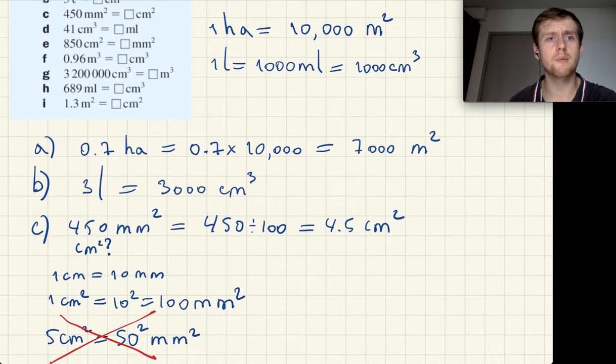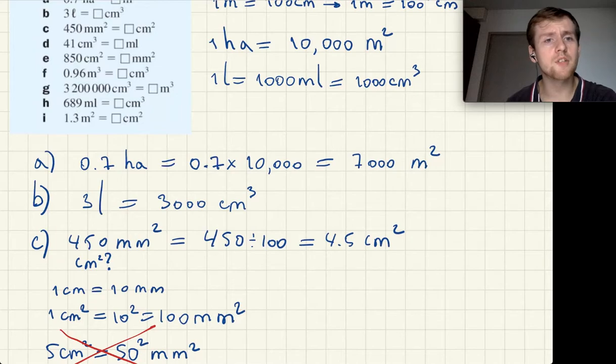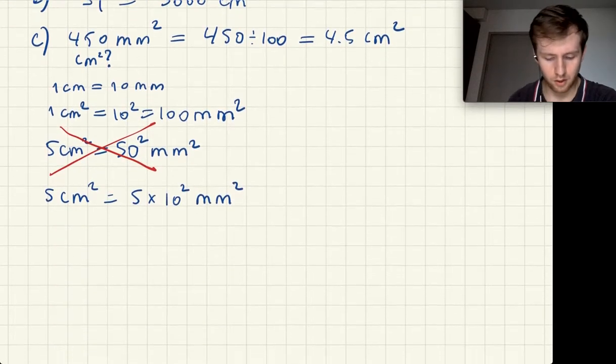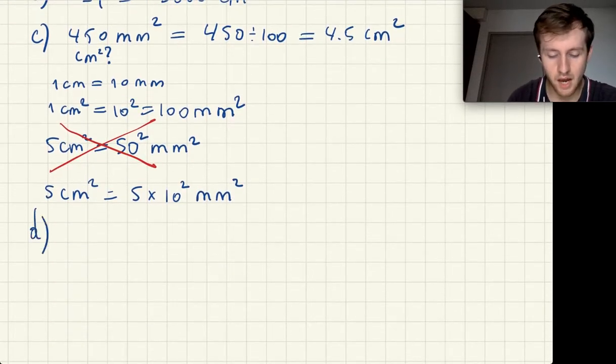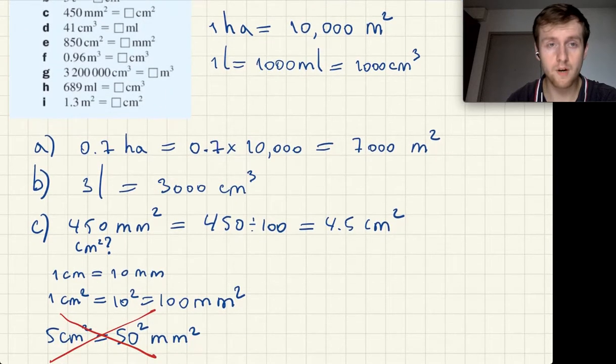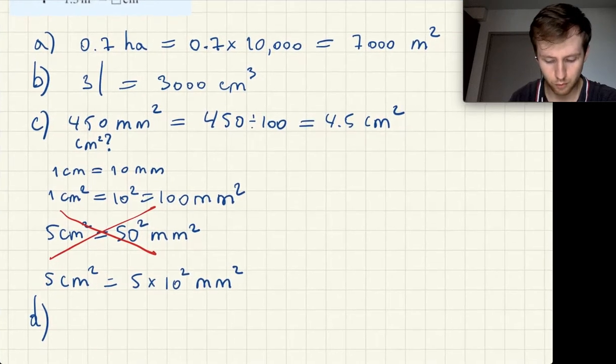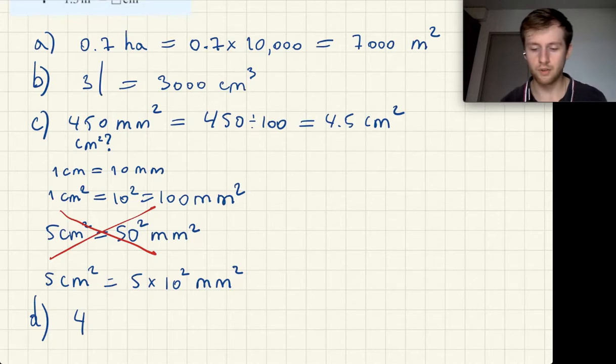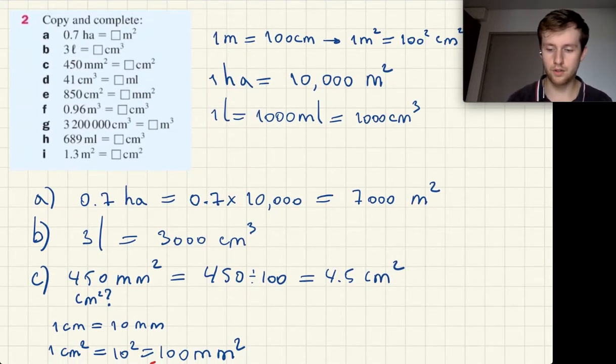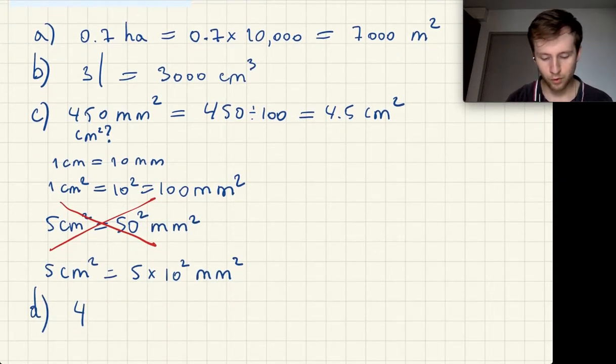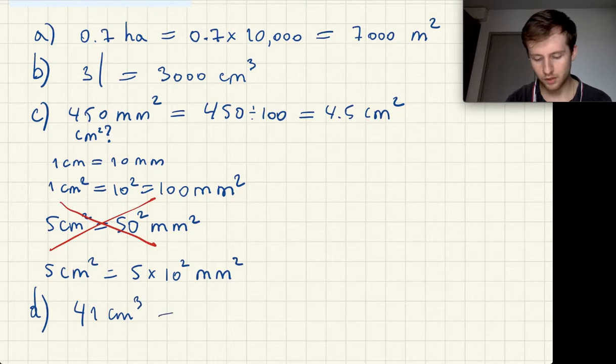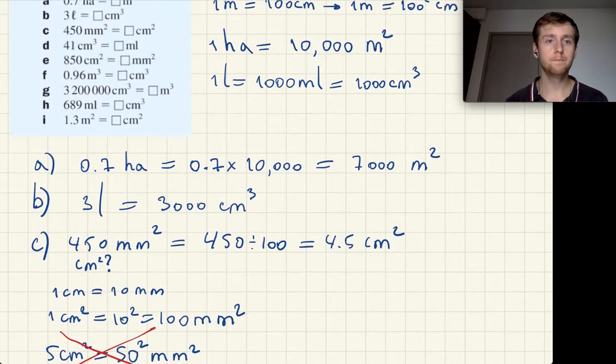What else do we have? Oh my god, so many examples. I think I will be skipping some of them. In D we have 41 centimeters cubed to milliliters. As I told you, a centimeter cubed is the same thing as a milliliter. 41 centimeters cubed is equal to 41 milliliters.